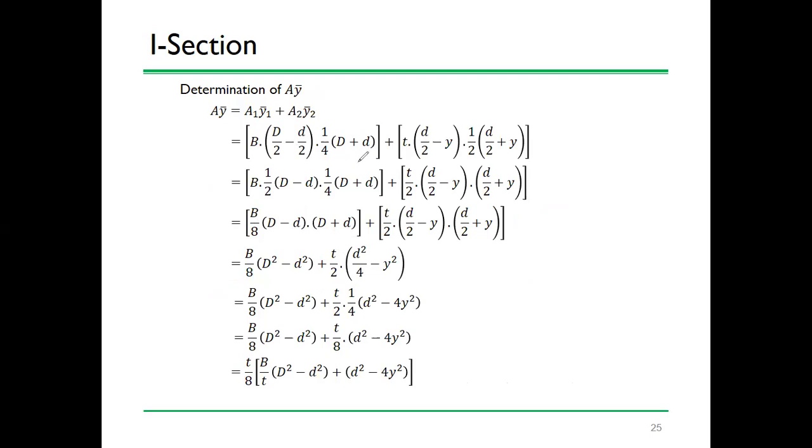Trying to simplify this further, you have it like this. Ay bar, in trying to simplify it to the lowest, you have it in this form: t over 8, b over t, capital D squared minus small d squared plus small d squared minus 4y squared. This one will give us the Ay bar. Okay, so that is trying to simplify it to the lowest level. Is that okay?